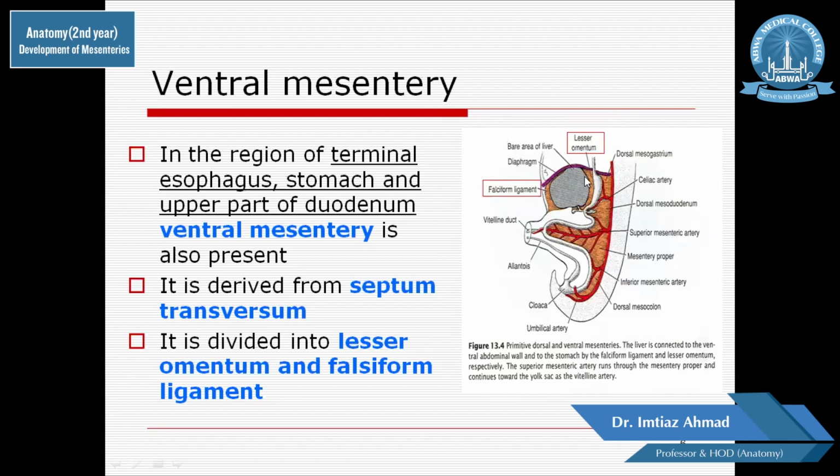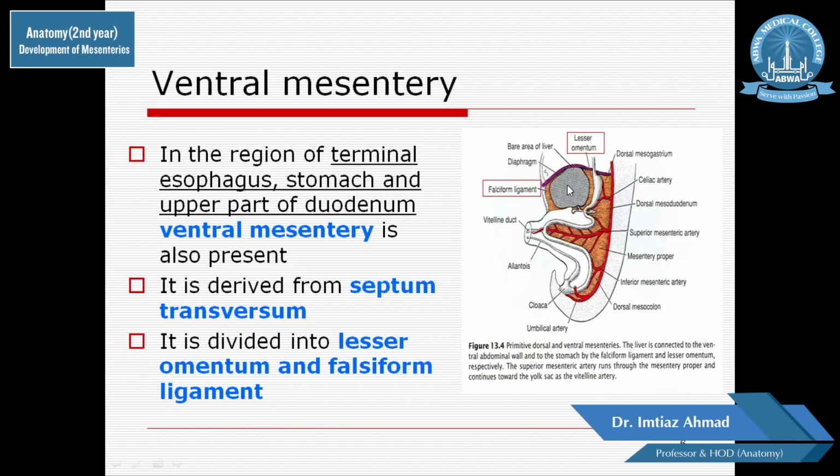And it is formed by the wedging of the septum transversum between the developing heart and the neck of the yolk sac, the region where it is going to develop two important structures, known as the liver as well as the diaphragm.